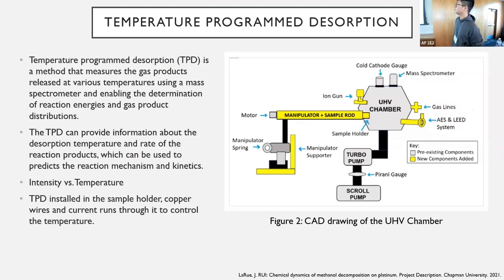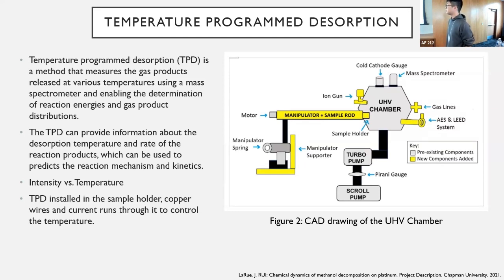So here we have the TPD. TPD is temperature programmed desorption. It's a method that measures gas products released at different temperatures, and we can use the data to determine the reaction energy and the gas product distributions. It will also give us information about the desorption temperature and the rate of the reaction product, which we can use to predict the reaction mechanism and calculate the reaction kinetics.